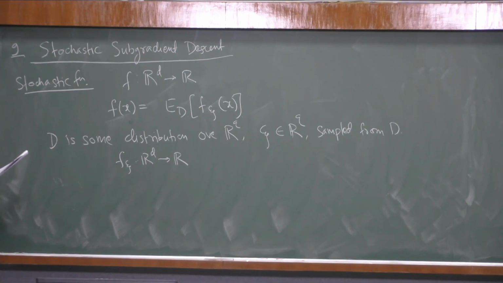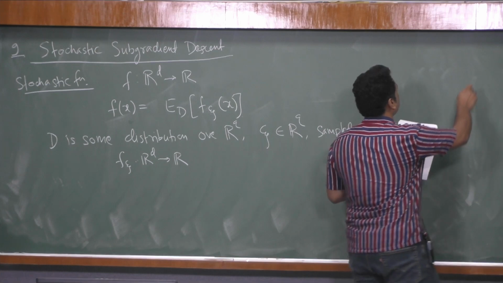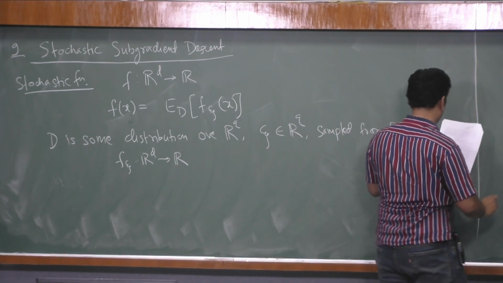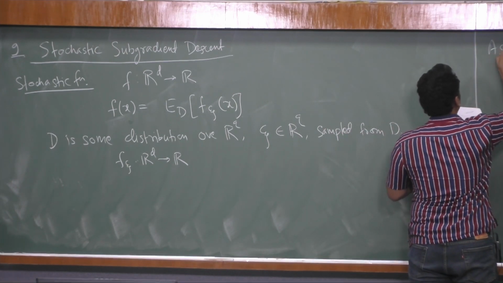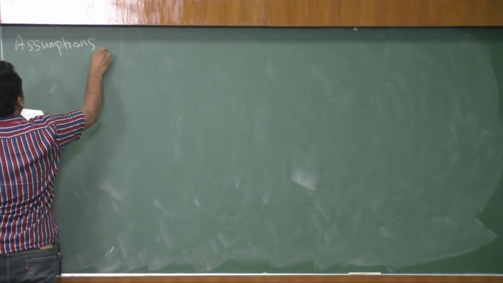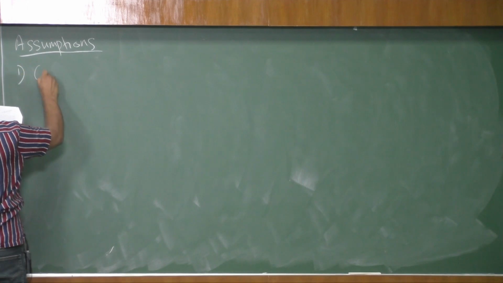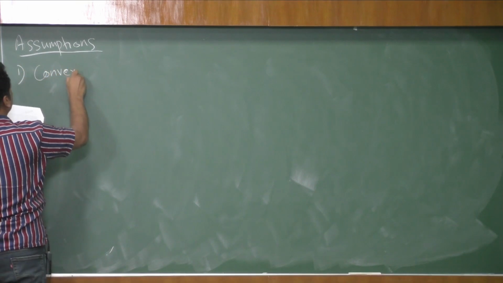So we have done this, and then we also recall from the last class that we wrote down some assumptions, and the first one is convexity.